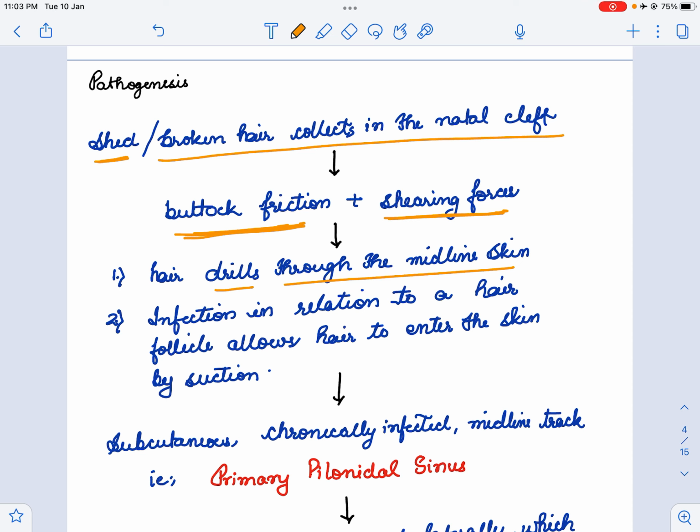Also, there is infection in relation to a hair follicle. This allows hair to enter the skin by suction. So, two things. Firstly, the buttock friction and shearing forces drill the hair through the midline skin. Secondly, if there is any infection related to the hair follicle, that allows the hair to enter the skin.